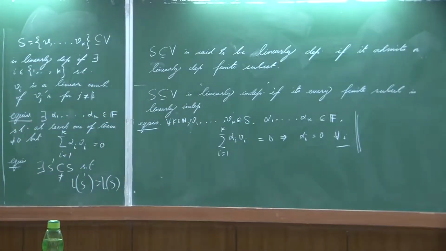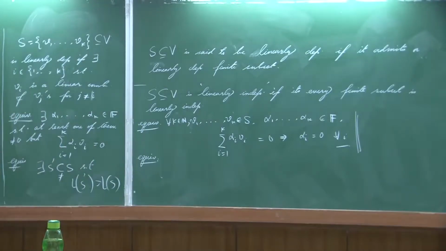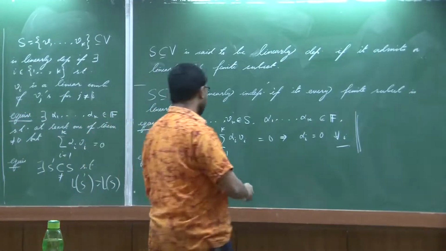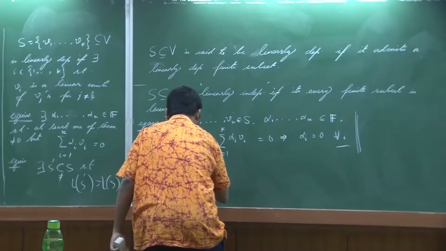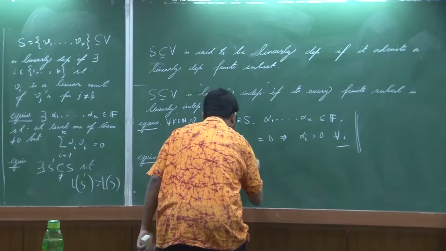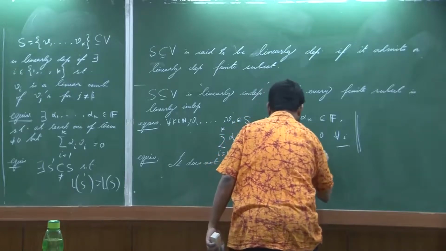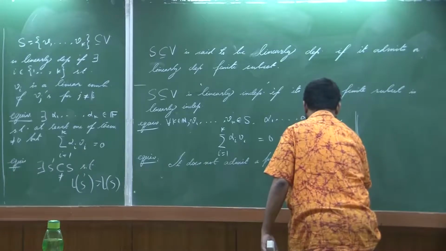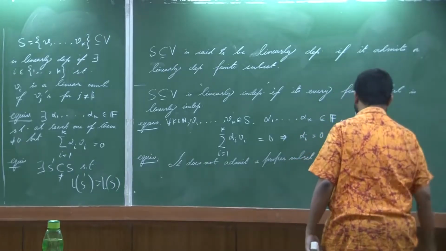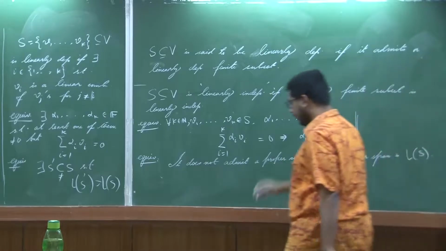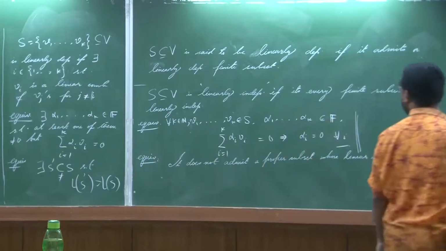And then equivalently, it does not admit a proper subset whose linear span is the same as S. These are just the negations, because linear independence has been defined as the opposite notion of linear dependence.